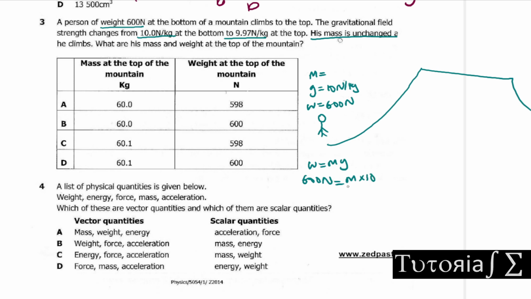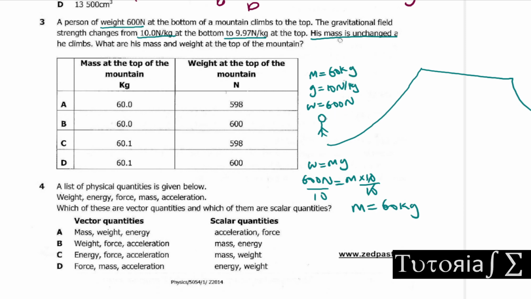We divide by 10, the 10s cancel, so our mass is 600 divided by 10, which is 60 kg. So you put the units for mass, 60 kg.